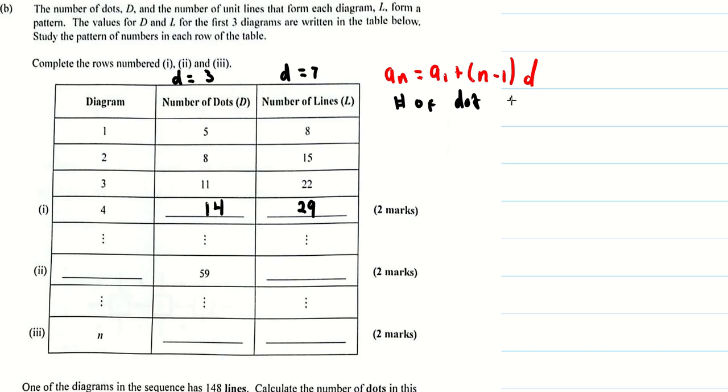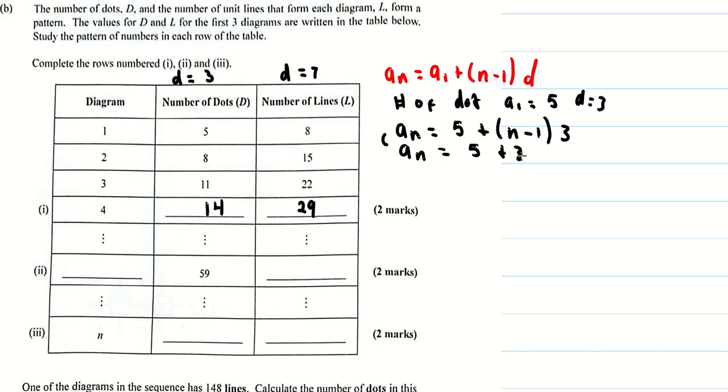Alright, the a1, which is the first term, would be 5, and the common difference is 3. We just substitute it into the equation. So if I want an, it would be 5 plus n minus 1 by 3. So the n term would be 5 plus 3n minus 3.